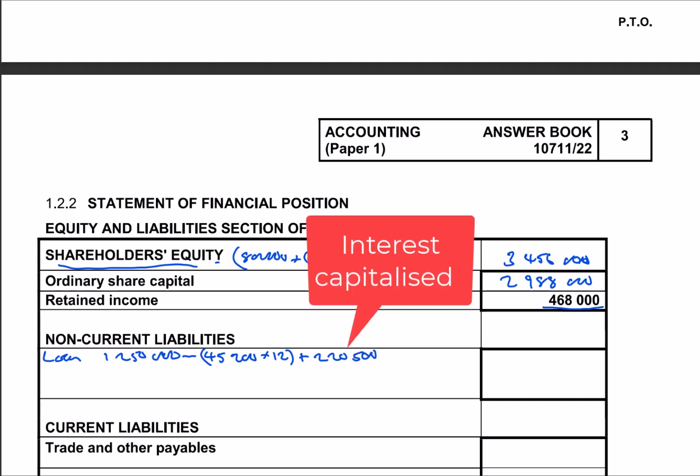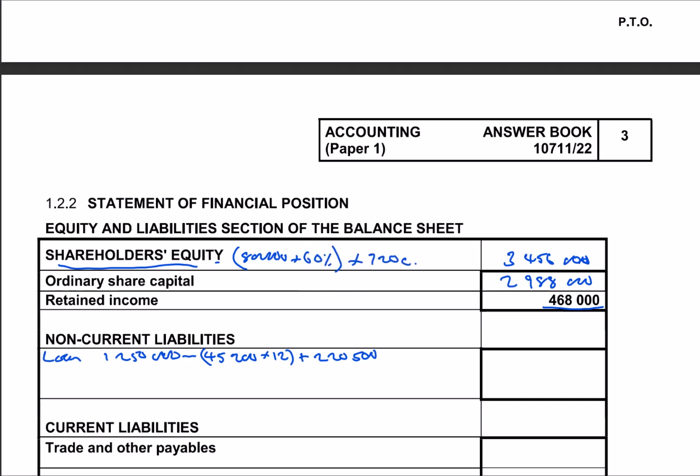Whatever you get here gives you the closing balance. So 45,200 times 12 gives you 542,400.